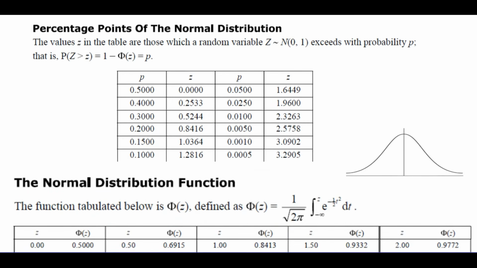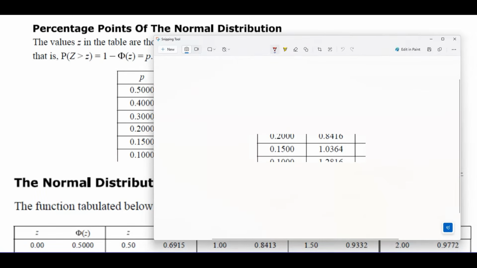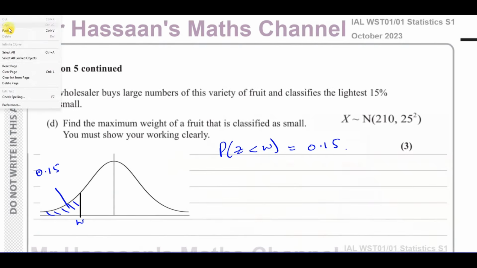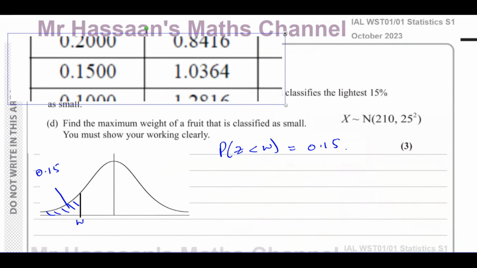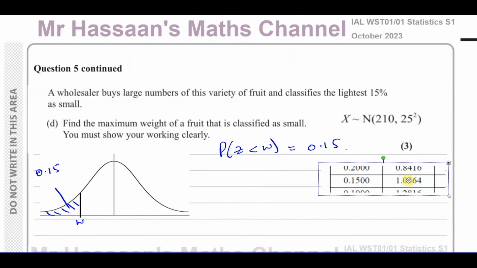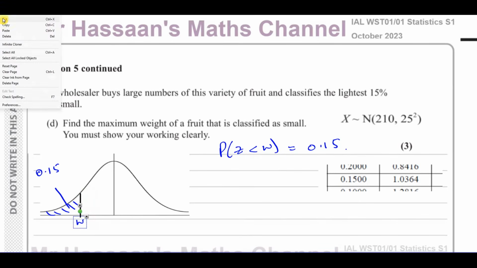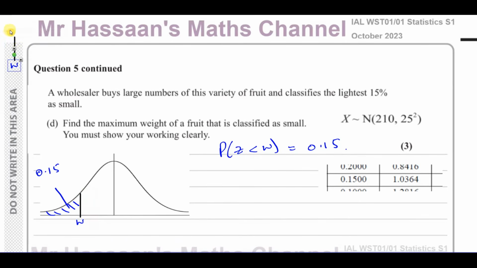So we're going to use this, but we'll have to use it in a slightly different way, as I'll show you in a minute, because as we know, this refers to the area to the right of a z value, and we see our z value has to be negative. Okay, so I know that by symmetry there's a value over here, which is the opposite sign of this value.